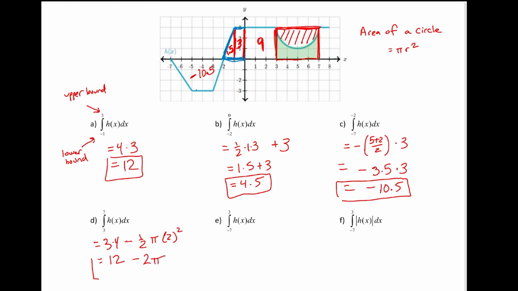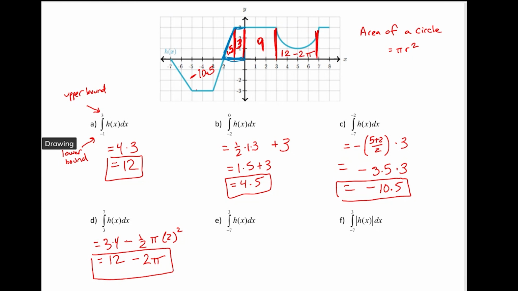We can't simplify that at all, so we're just going to leave it as is. If you wanted, you could put that in a calculator to get a rounded answer, but we're not really interested in rounding that. So this area is 12 minus 2 pi. In other words, it's that rectangle minus all that circular area.